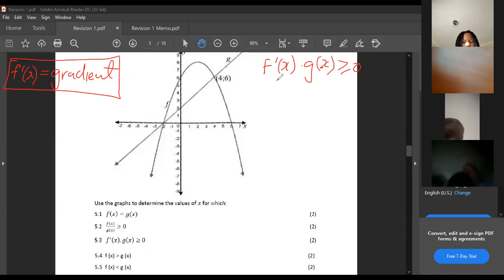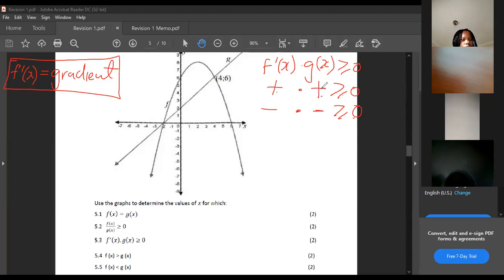So you're saying, where do you find the gradient positive and the graph of G above the x-axis? Or where do you find the gradient negative and the graph of G below? Remember, negative gives you positive. Positive gives you positive.